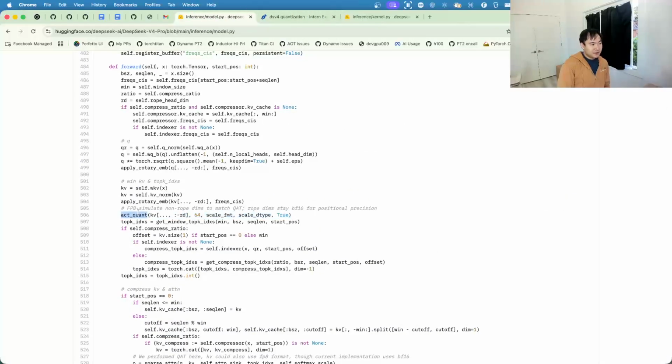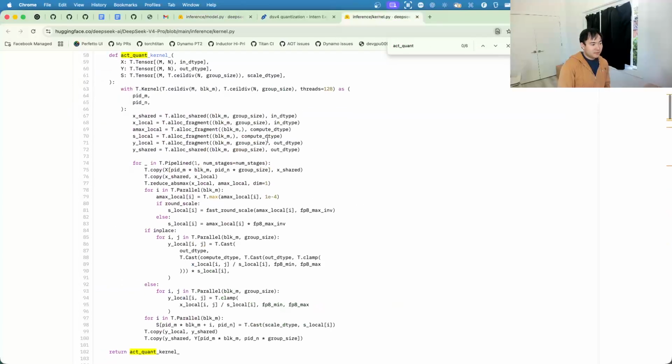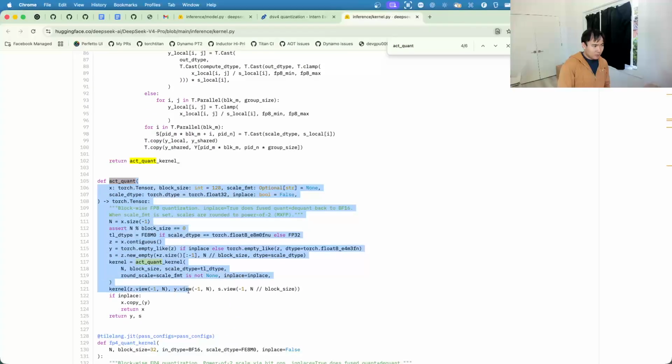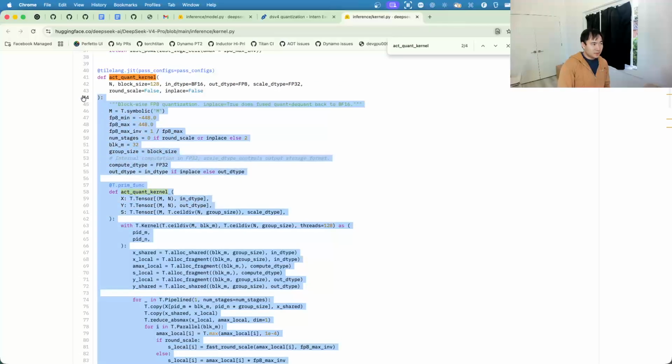So going back to this, you can see that activation quantization is defined in this kernel module over here. And you can see that indeed we call this actQuant kernel, and it does all of the math we talked about earlier in a single fused kernel.